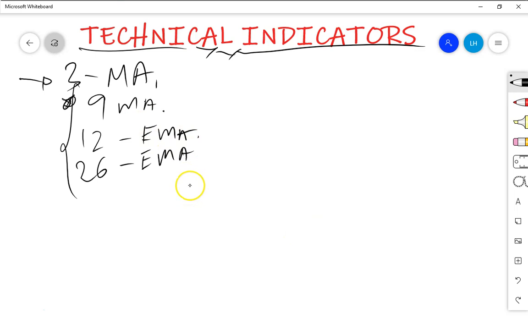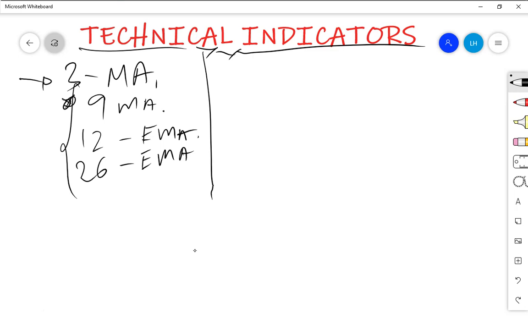No, they are incorporated together, so they generate information in a somewhat different way. We have the 9, the 12, and the 26.